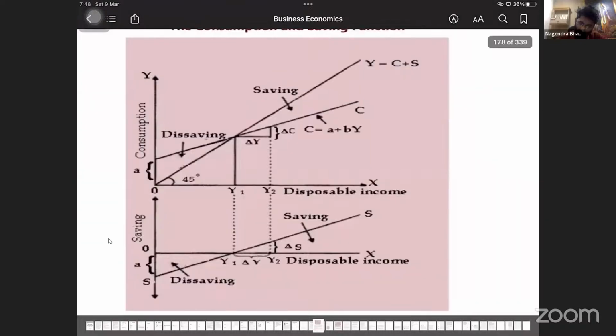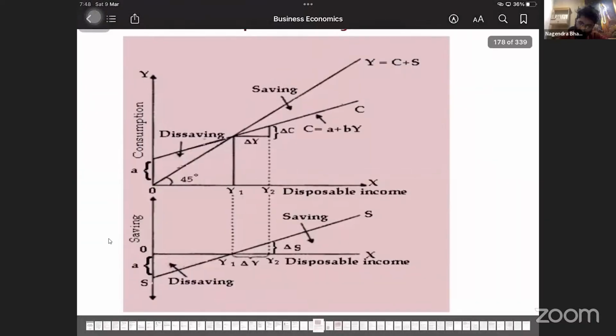Look at this diagram. Can you understand this diagram? It is an easy one. Children, there is nothing in it.